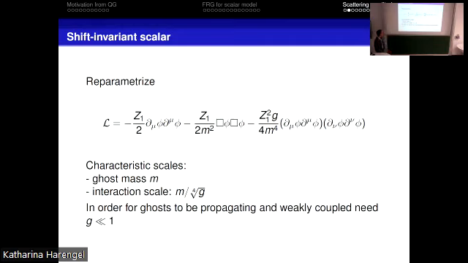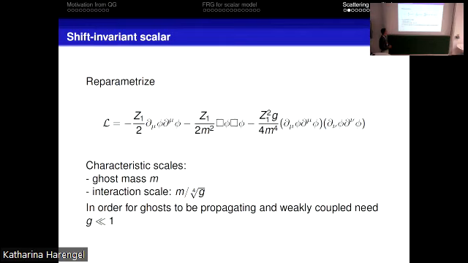So this means that when the momentum becomes of the order of m divided by the 4th root of g, this term becomes large. So you enter into a strongly interacting regime, okay? If you are at scales below this, you are weakly interacting. Above it, you are strongly interacting.